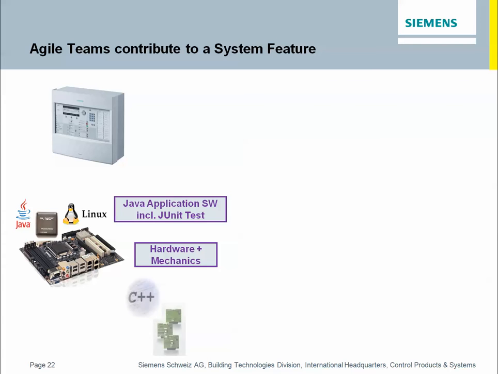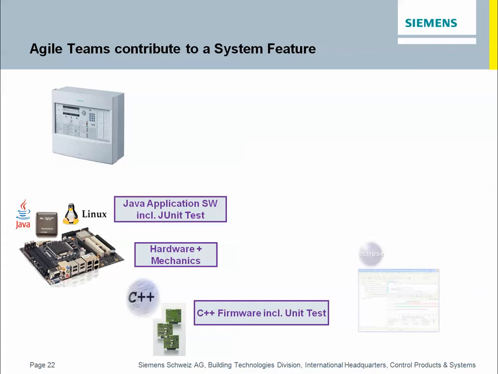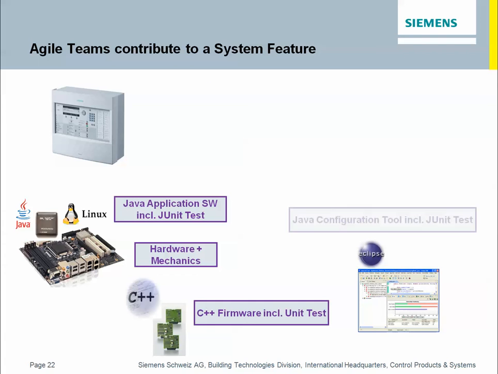In addition, we have some hardware modules, and there is firmware running on it. We therefore have a C++ firmware team, which also writes its unit tests. And since everything is highly configurable, we have a fourth team, a Java configuration tool team, which also writes JUnit tests. That's on an Eclipse base.